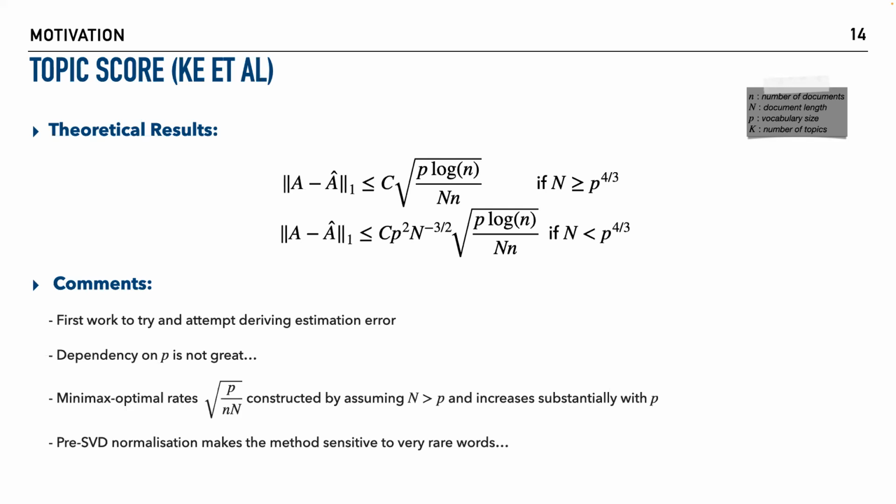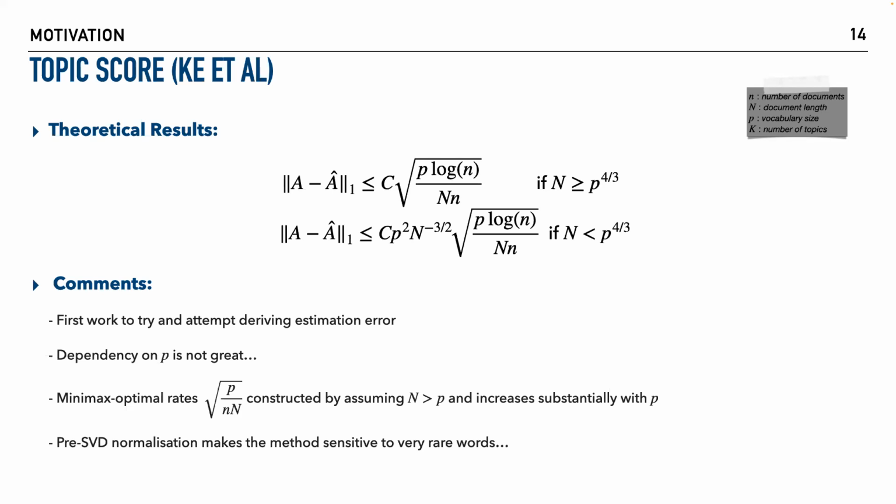Where this gets a little bit interesting is that, first of all, the dependency on p is not great. p is the vocabulary size, and an error that scales as p squared square root p is not particularly great. The other thing is, does this make intuitive sense? Suppose you have a growing number of documents. As you increase the number of documents, you're going to see more rare words, so the size of the dictionary is going to grow.